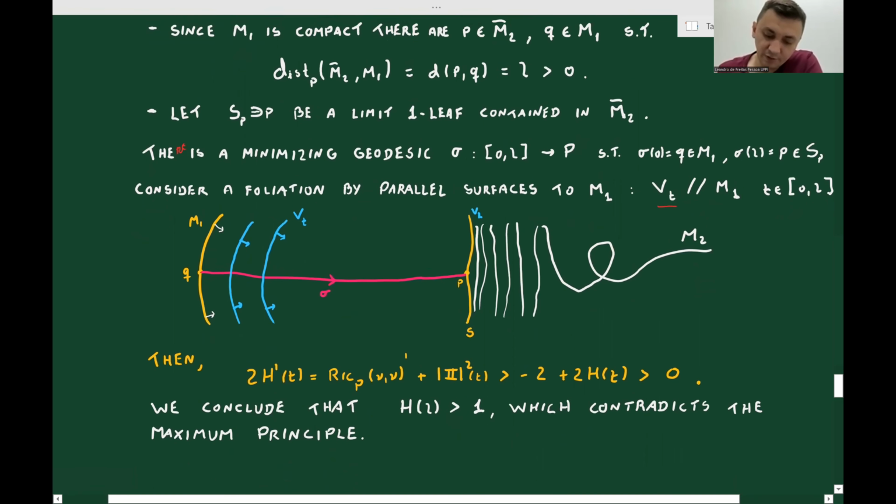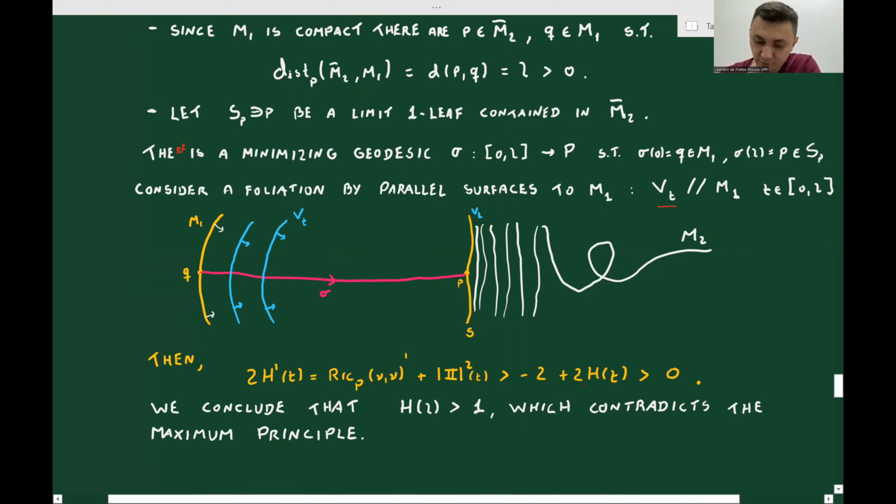Now we know how the mean curvature evolves along these parallel surfaces. They must satisfy this equation here: 2 times the first derivative of the mean curvature function is equal to the Ricci curvature plus the square norm of the second fundamental form. By assumption, it is bigger than -2.